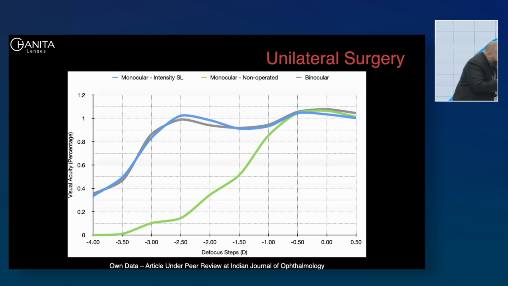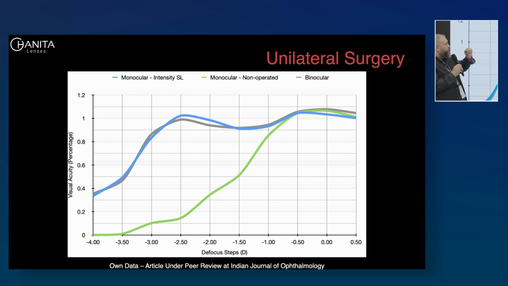So this green line is the monocular non-operated eye. This eye is virgin. So we see that it starts with really good far vision and it decreases. It's expected for the age. The blue is the monocular intensity eye. We see that it improves a lot. And this is perfect to compare, again, with the same brains.